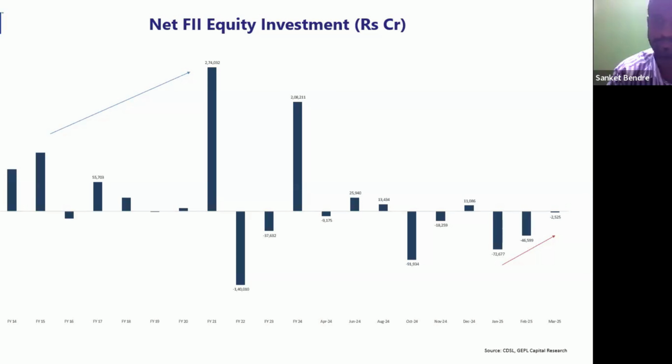This was primarily due to the month of March, where we saw FIIs coming back as most of the stocks were trading at fair to cheaper valuations, plus there was short covering of positions by FIIs. So this led to a net increase in inflows from FIIs.